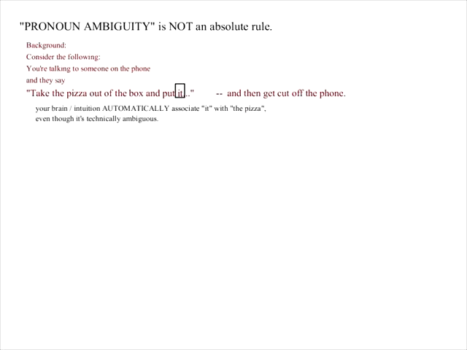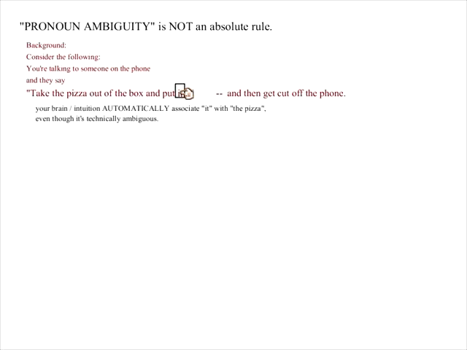And this is always the result in any class for which this example is shown. There's no reason you couldn't put the box somewhere also. It could be take the pizza out of the box and put the box into the garbage can. But there's an automatic association with the pizza and it, even though this is further away from the pronoun.